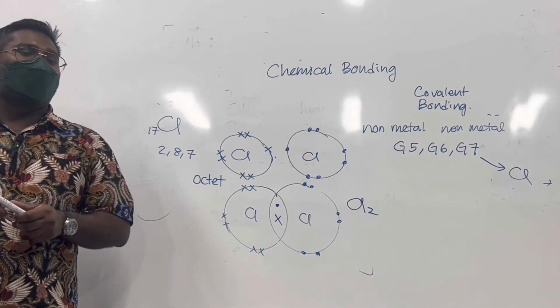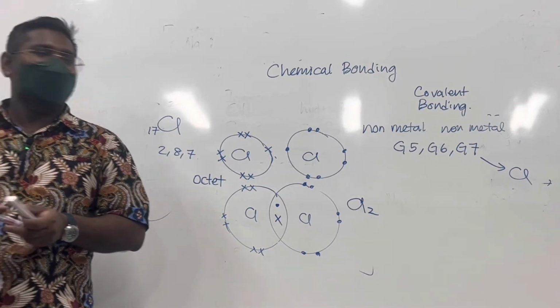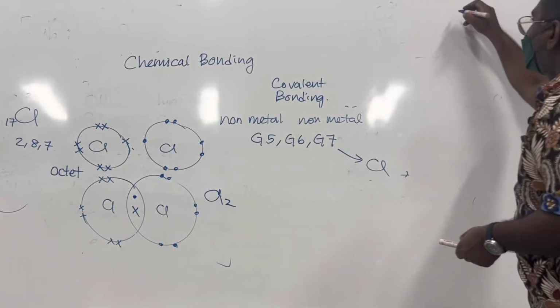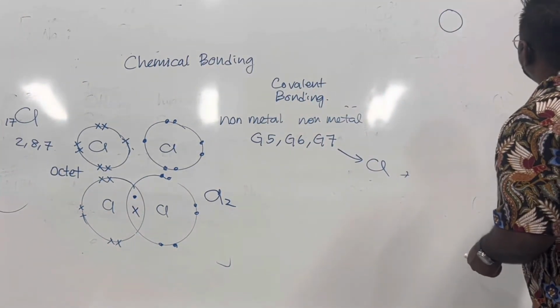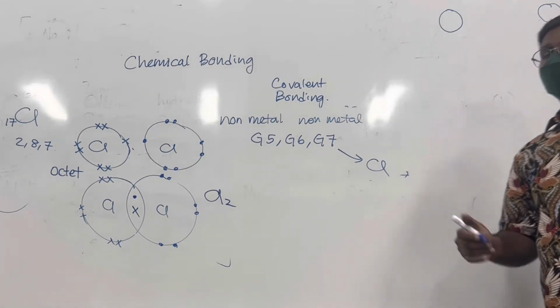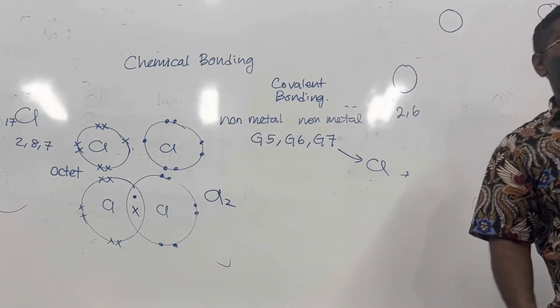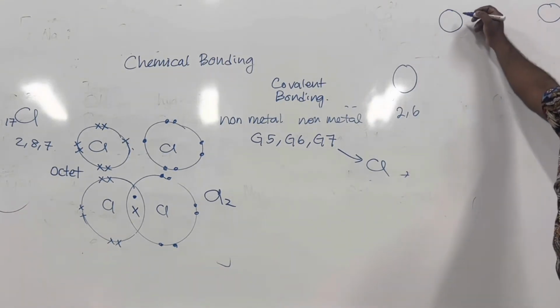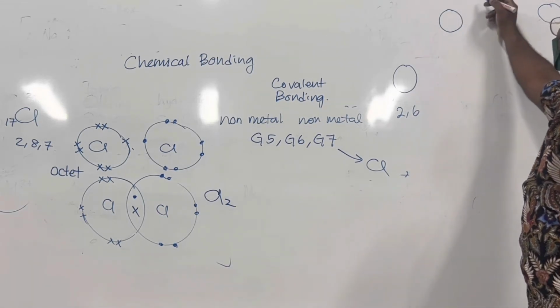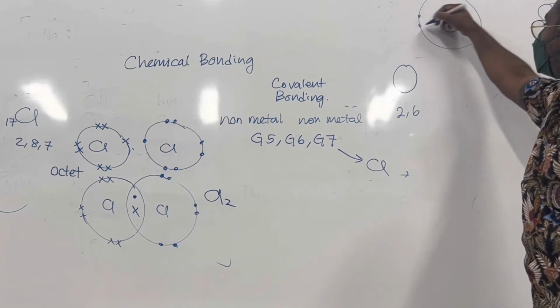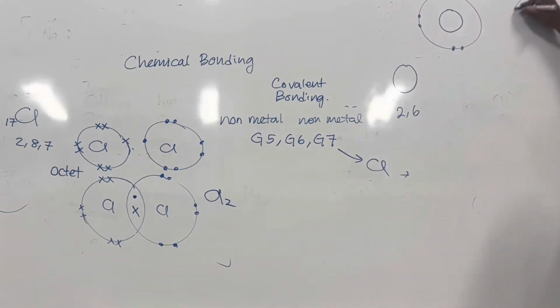Okay, let's look at another type. This one is between oxygen and oxygen. Oxygen is going to be 2, 6, so 6 valence electrons. I draw 6 valence electrons, 1, 2, 3, 4, 5, 6, and another 6 valence electrons, 1, 2, 3, 4, 5, 6.